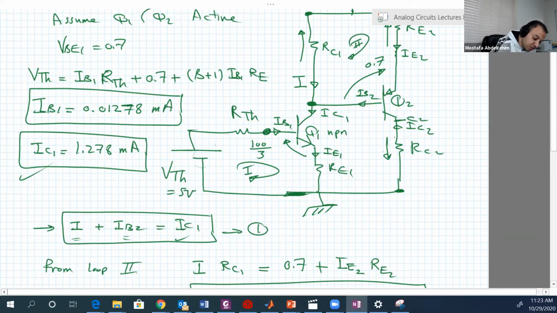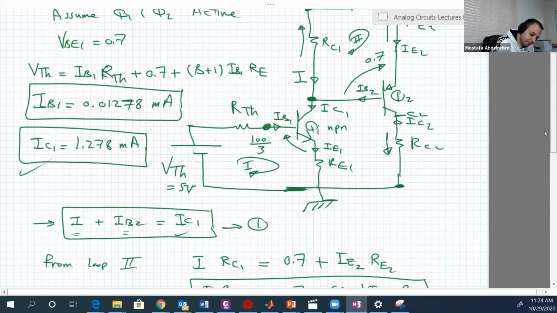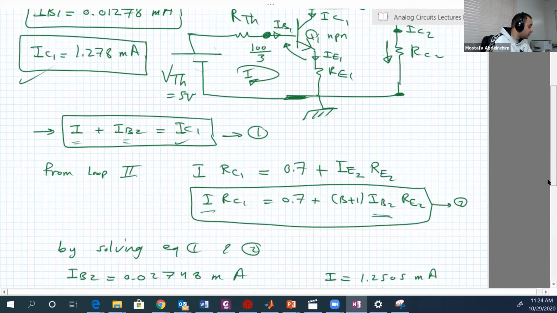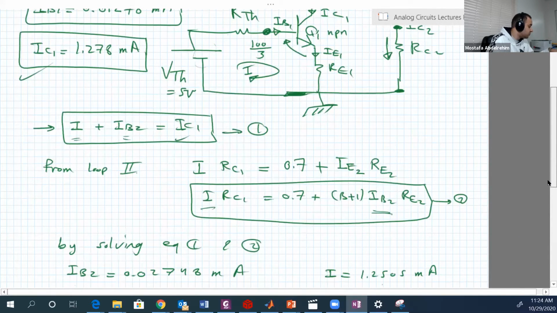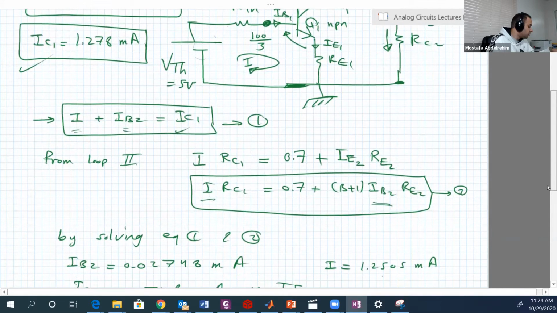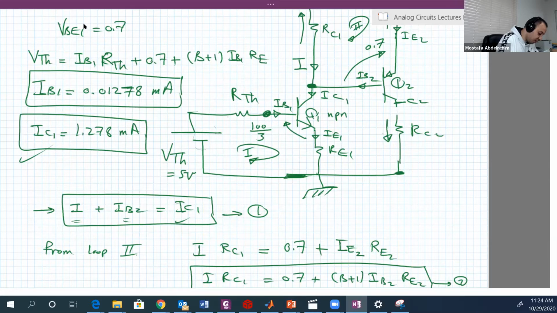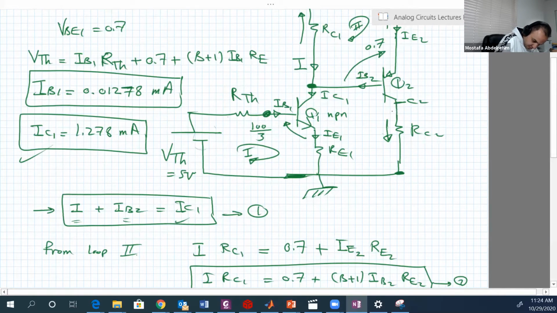I'm sorry, IC2 is flowing out of the collector, not in.